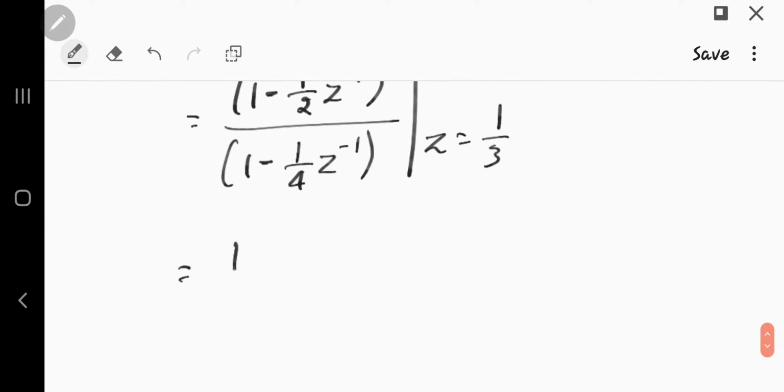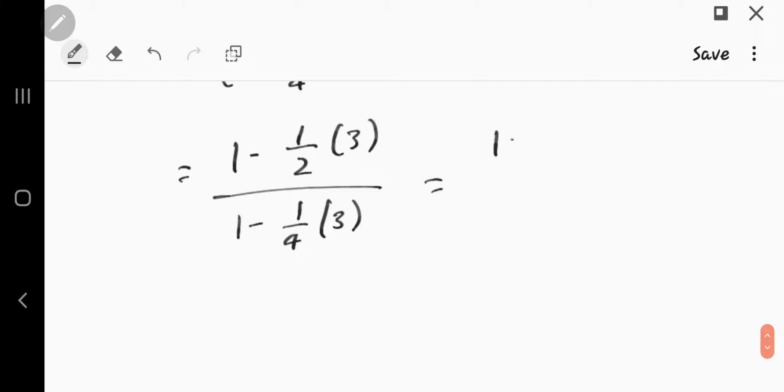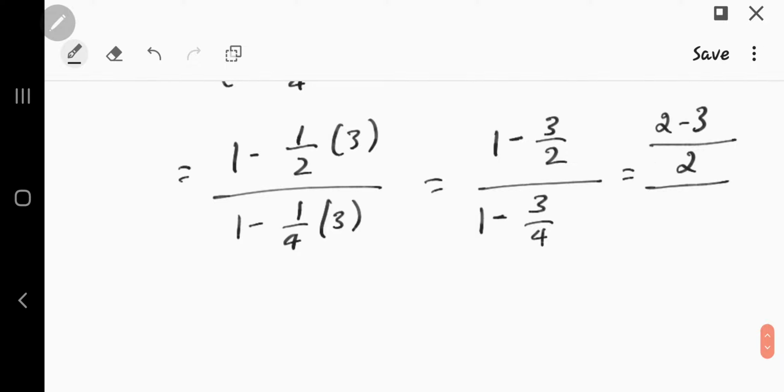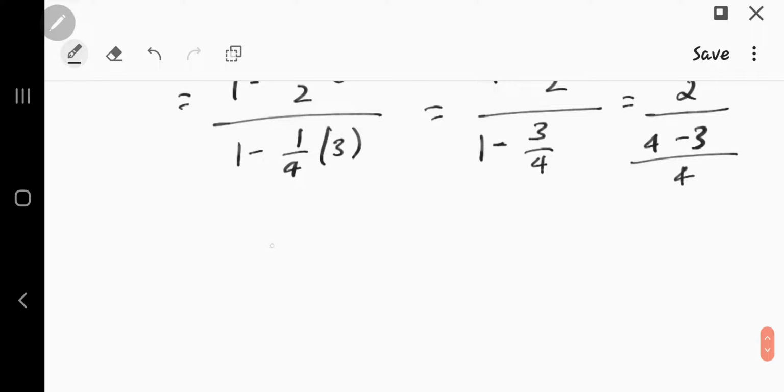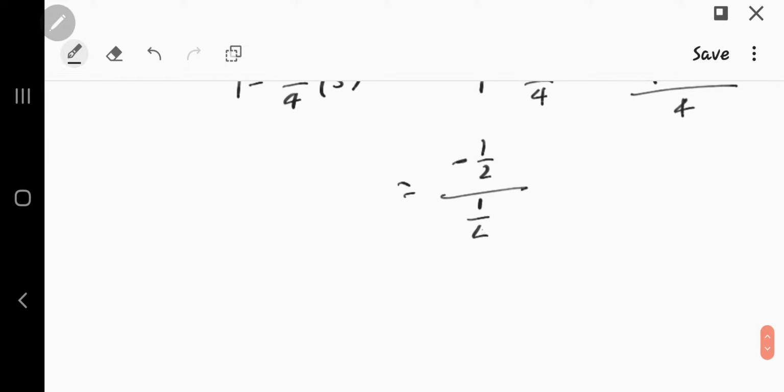Now if you substitute that, 1 minus 1 by 2 into 3 divided by 1 minus 1 by 4 into 3 here. So that will give you 1 minus 3 by 2 divided by 1 minus 3 by 4. If you take the LCM, 2 here, now this becomes 2 minus 3, and here it is 4, you will get 4 minus 3. So simplifying that, 2 minus 3 is minus 1 by 2, 4 minus 3 is 1 by 4.